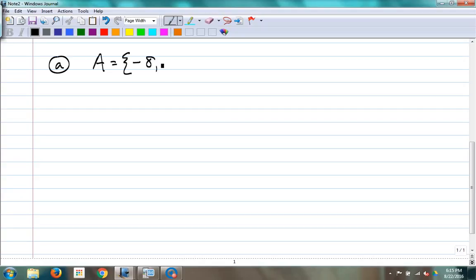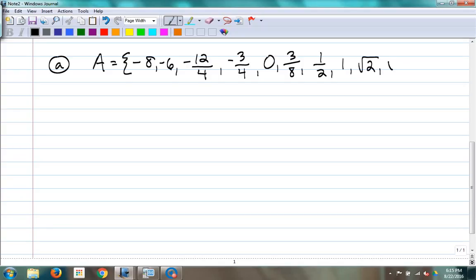So I've got -8, -6, -12 over 4, -3/4, 0, 3/8, 1/2, 1, the square root of 2, the square root of 5, and the number 6. Very random set of numbers. Don't know where they came from, just made them up. Okay, we've got this random set of numbers, and what we want to do is take those and classify them.